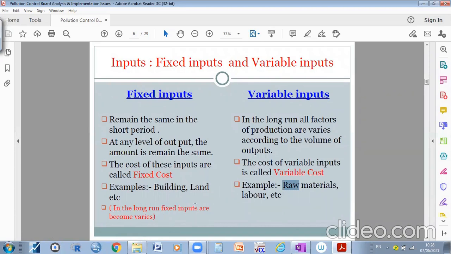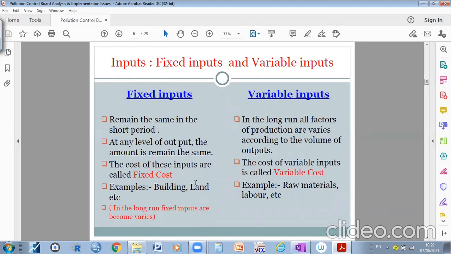See, in the long run, fixed inputs become variable. As I told you, when you take into account the long run, all the fixed inputs also vary. Even the land and building can change. For example, this year you want to produce commodities within one building. Next year, or after 3 or 4 months, you can shift from one building to another building.